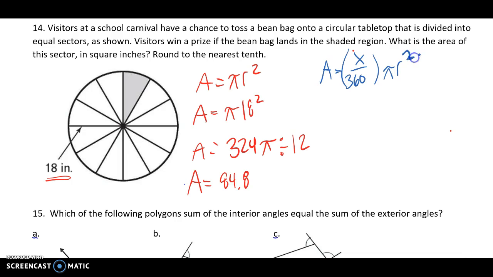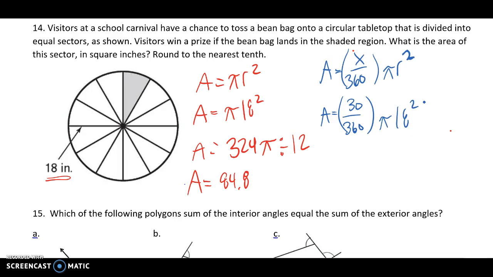Plugging in what we know, the x has to be the measure of your sector in degrees. So that would be 360 divided by 12, which is 30, so 30 over 360, and then times pi, where r is 18 squared.